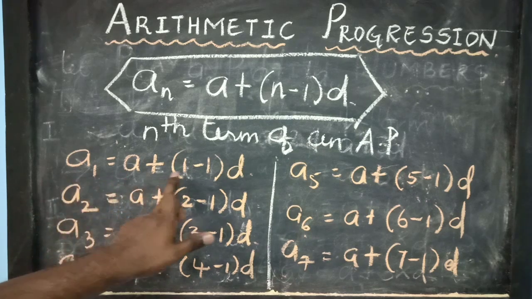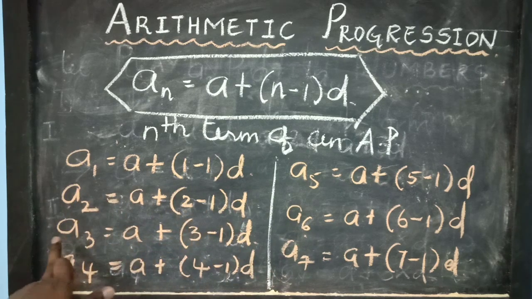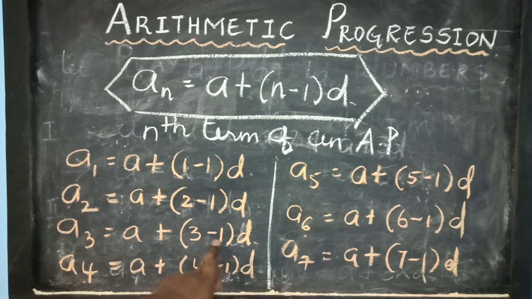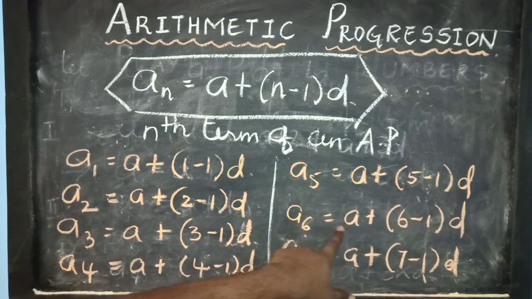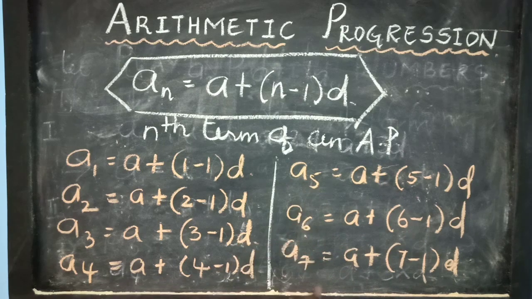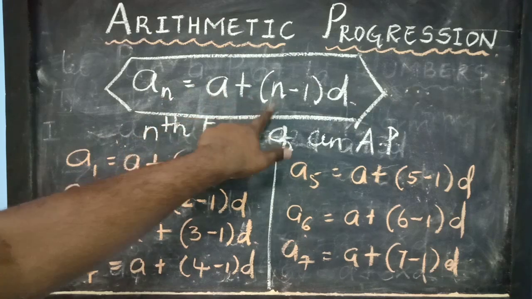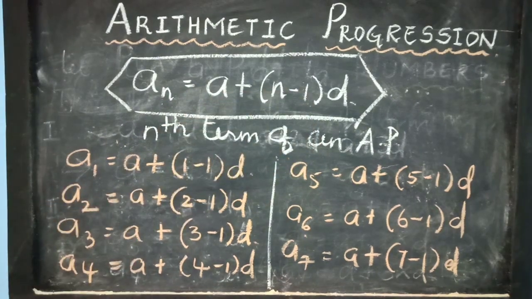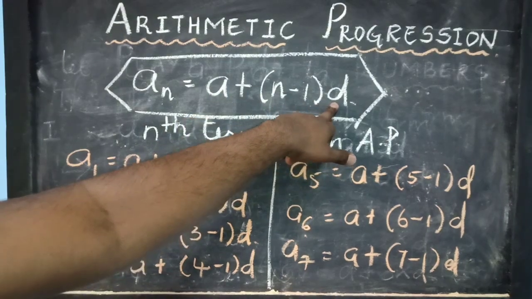A1 equals A plus 1 minus 1 into D, A2 equals A plus 2 minus 1 into D, the same A3 equals A plus 3 minus 1, A4 equals A plus 4 minus 1 into D, A5 equals A plus 5 minus 1 into D, A6 equals A plus 6 minus 1 into D. The same way An equals A plus n minus 1 into D. This is the formula to find out the nth term of a given AP, where A is the first term, D is the common difference.